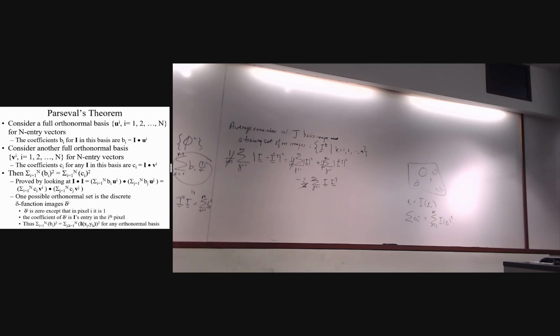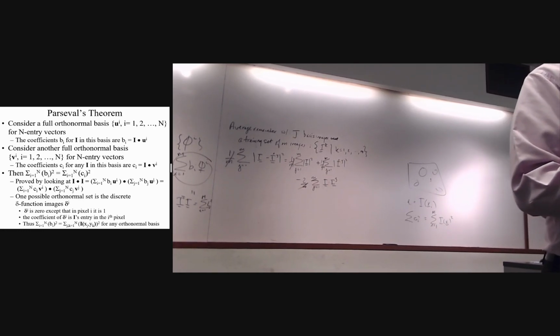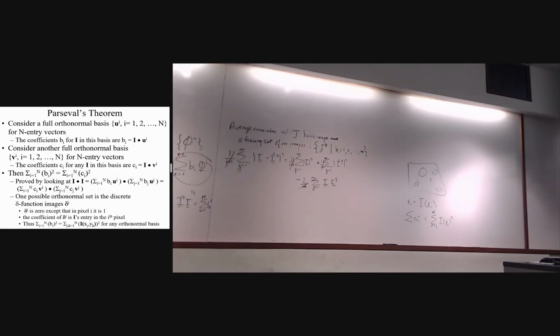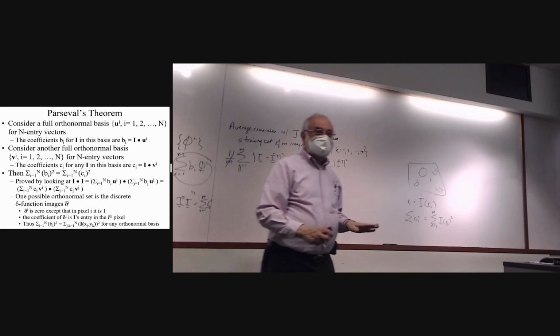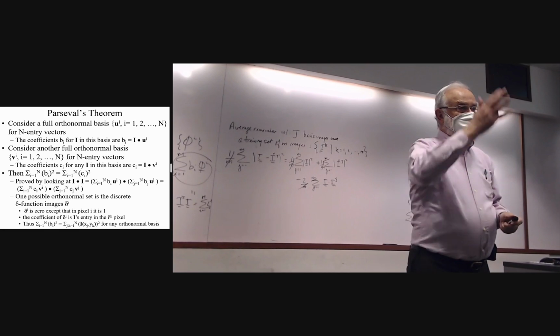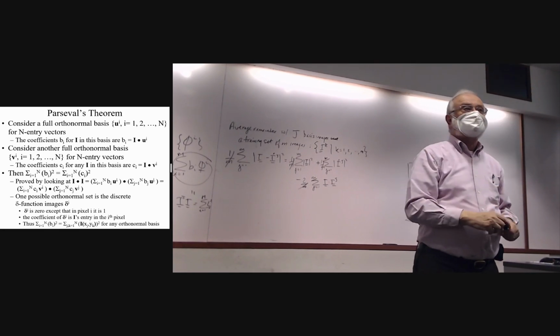And the idea is to get a representation of I that has most of its spending on the basis images that are up front in the list, and very little of that budget spent in what remains after we've cut off after capital J terms.